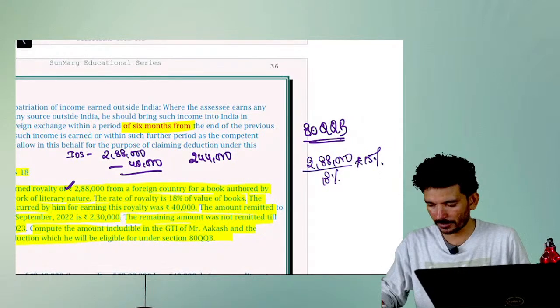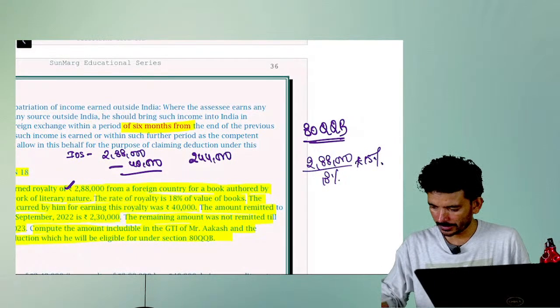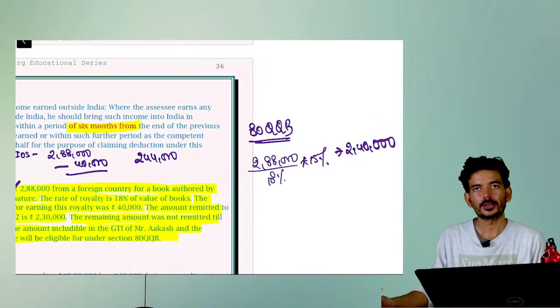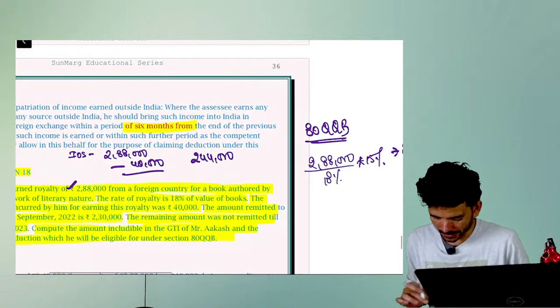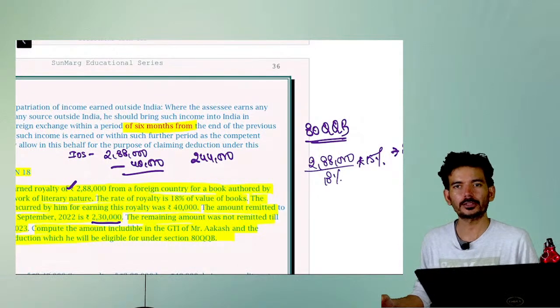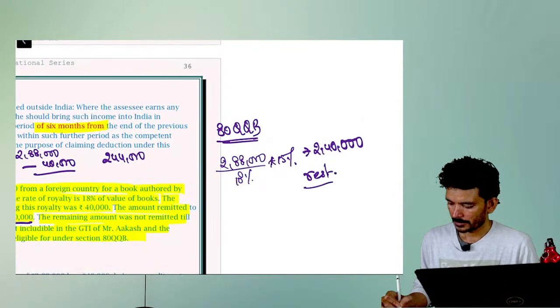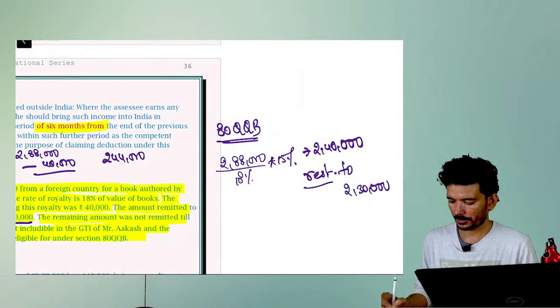Just like grossing it up: 288 divided by 18% multiplied by 15%. So 2,40,000 is eligible for 80QQB, but the point is he has repatriated only 2,30,000. So it should be restricted to 2,30,000 only, because that is the amount that he brought to India.